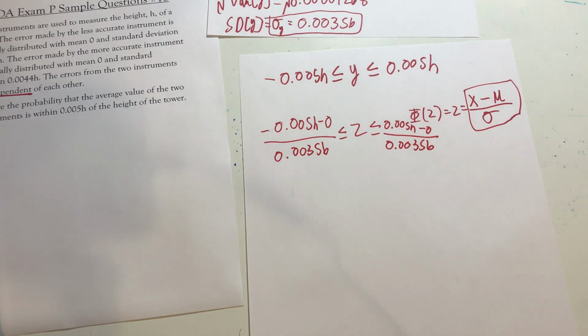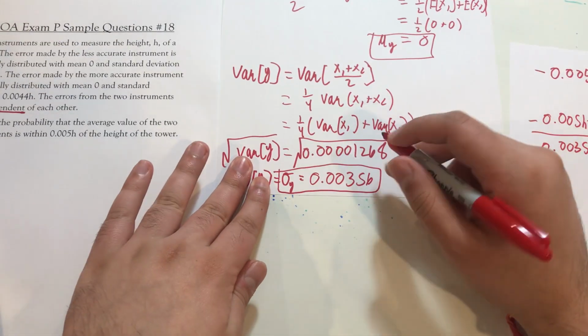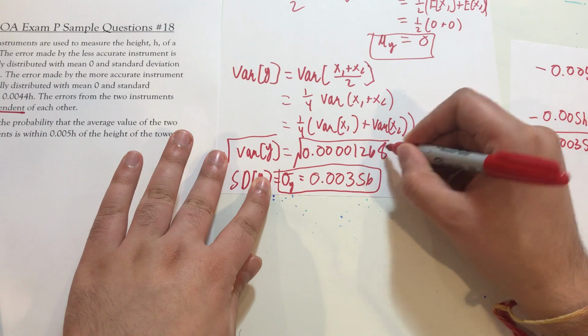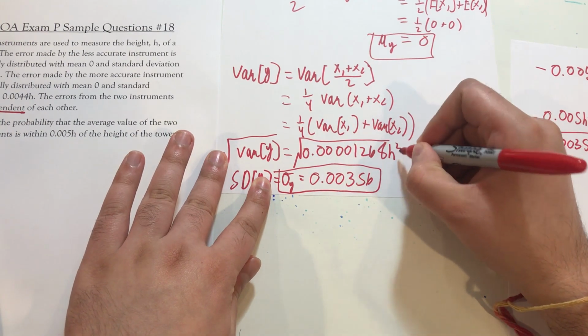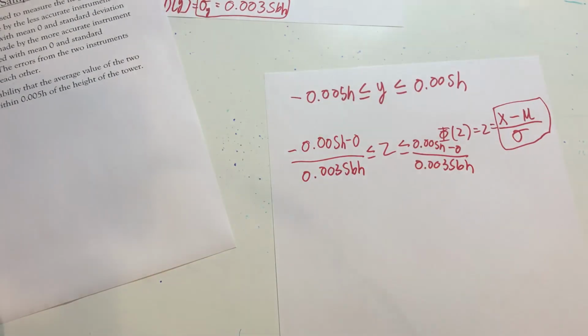And let me calculate that for each of them. Oh, right, sorry. I missed one thing. The variance is this number times h squared, so this is the standard deviation. So these should also be here. Small detail, but important.